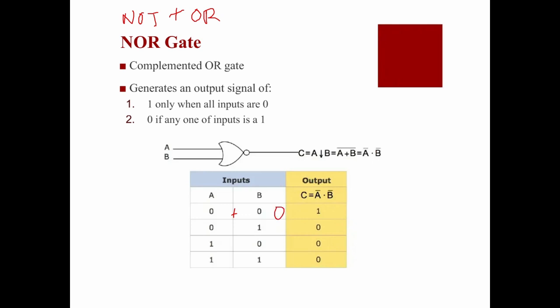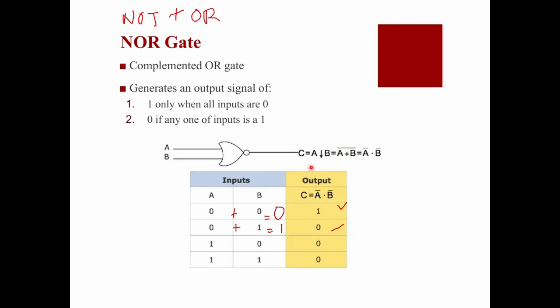But because it is NOR gate, not OR, it's the opposite. Or 0 plus 1 equals 1. The opposite, 0.